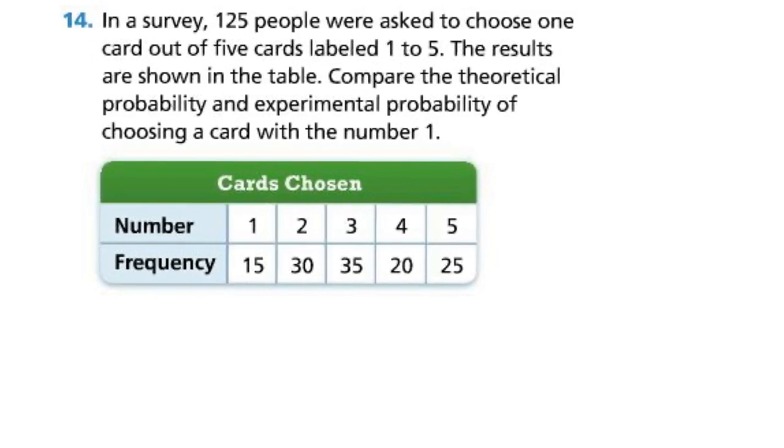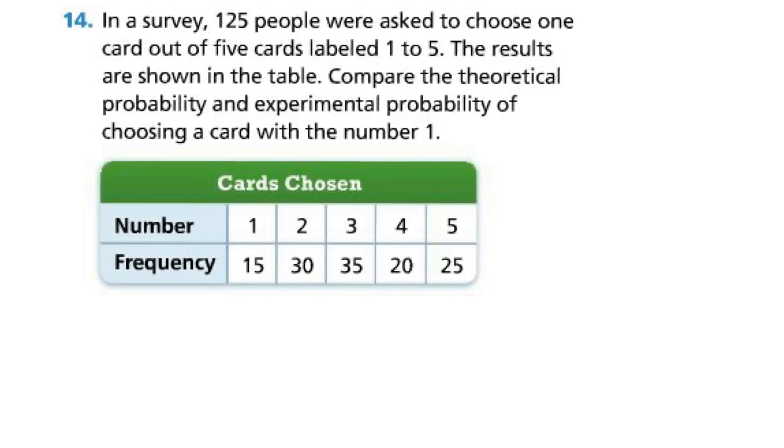Question 14. In a survey, 125 people were asked to choose one card out of 5 cards labeled 1 to 5. The results are shown in the table. Compare the theoretical probability and the experimental probability of choosing a card with the number 1.